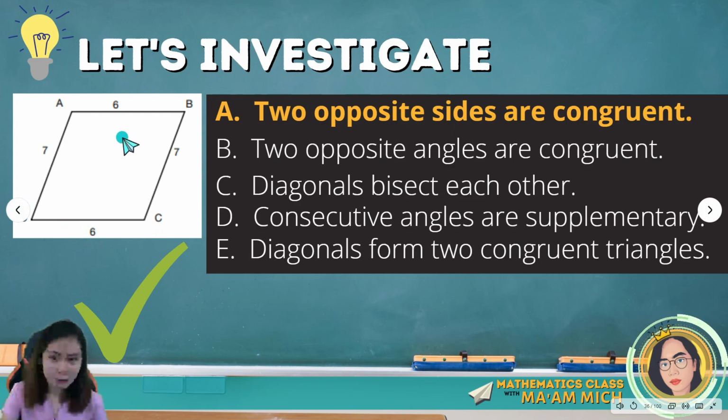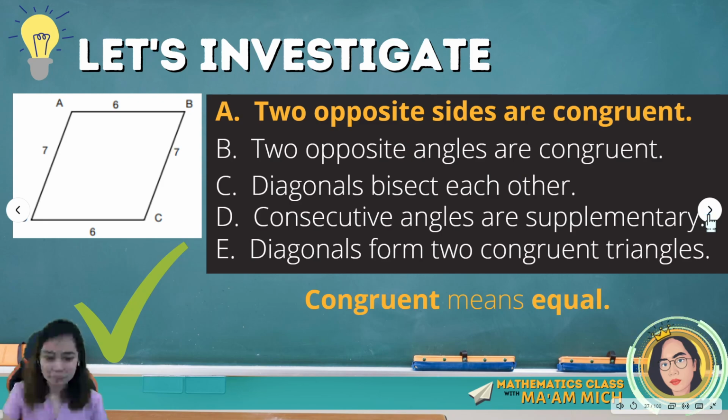What is their relationship? Opposite sides. We have side BC and side AB, 7 units. Letter A, two opposite sides are congruent. Congruent means equal in measure.